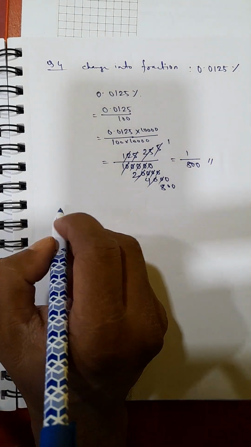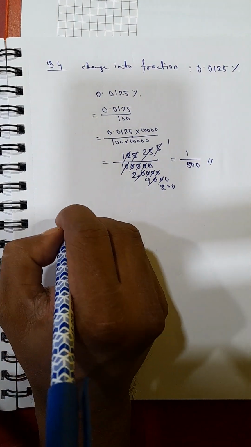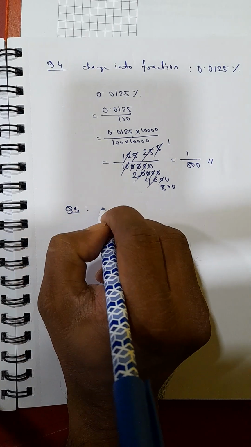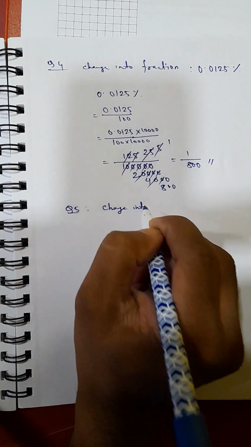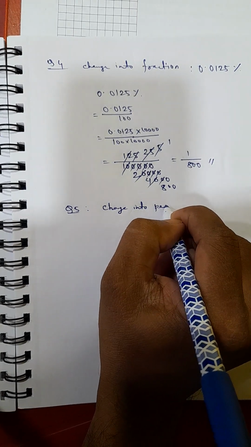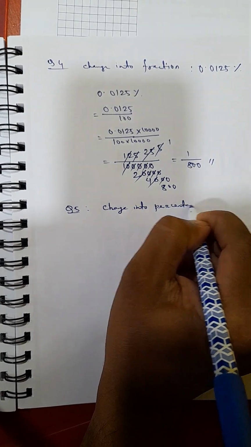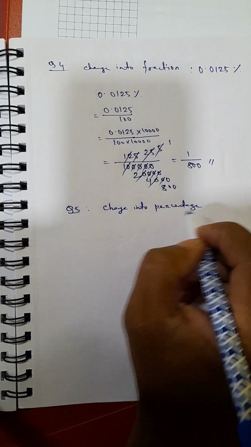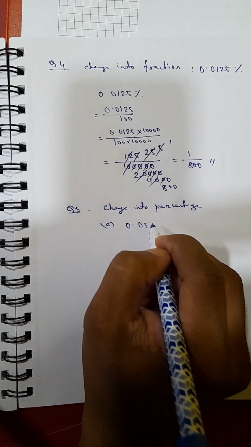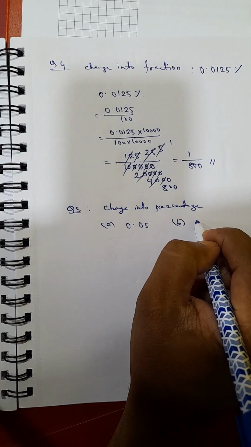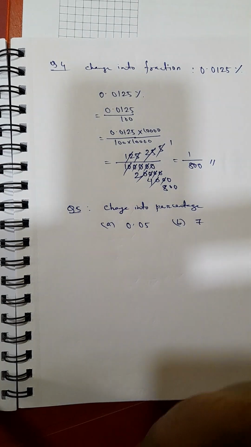Next one example. Suppose question number 5. Change into percentage. You are given A) 0.05, B) 7.